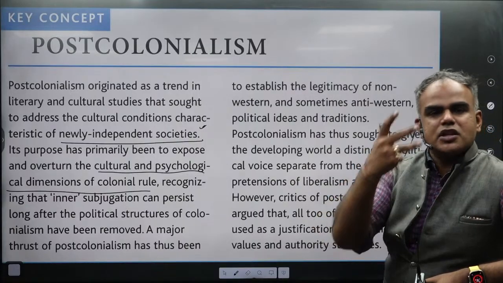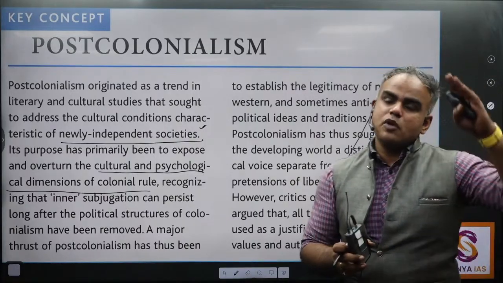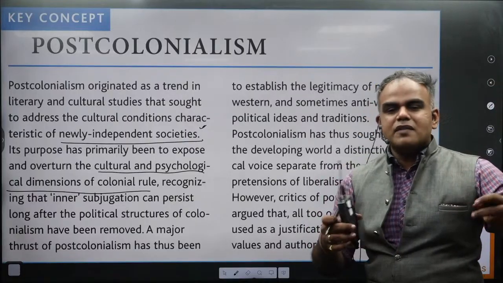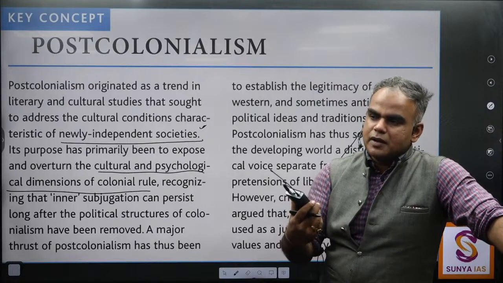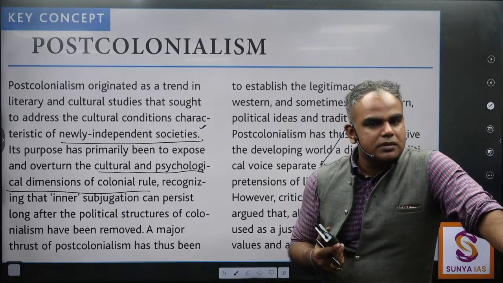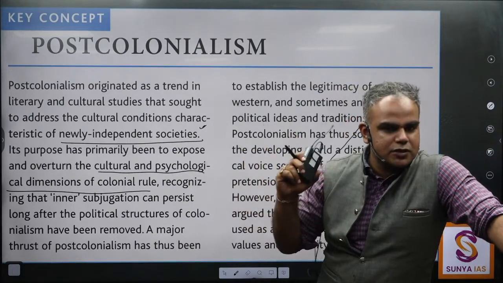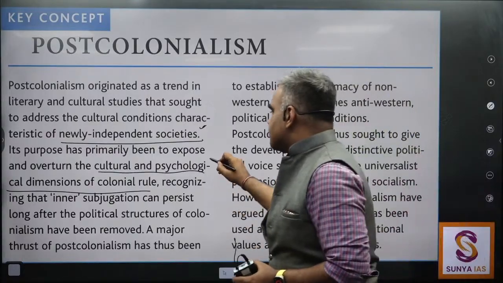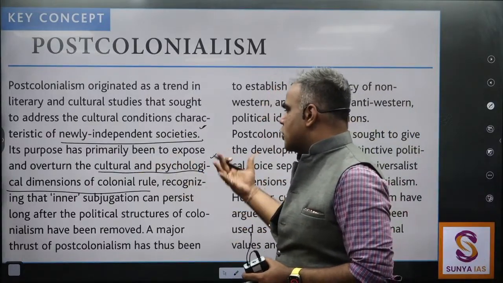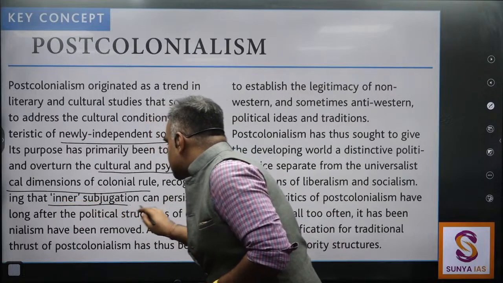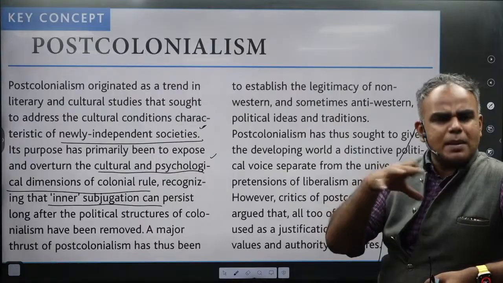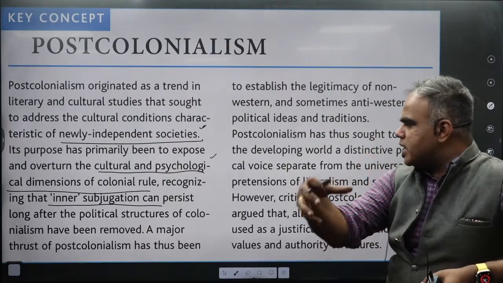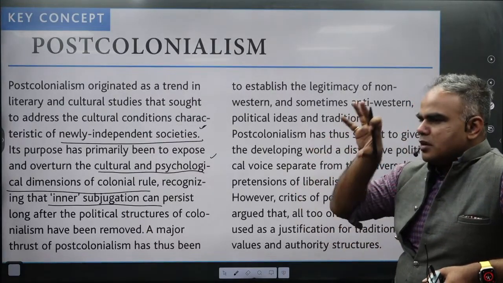Imagine Indian fascination with somebody who is from the foreign. हो सकता है वो अपनी country में they're actually not that well off. But the moment you see somebody from that skin and whatever they are wearing, whatever they are eating, it becomes important to us. Again, what is that? Ruling our minds. Yes or no? So, cultural, psychological dimensions of colonial rule. Inner subjugation. Subjugation means to almost capture, which means to hold somebody in a spell almost.